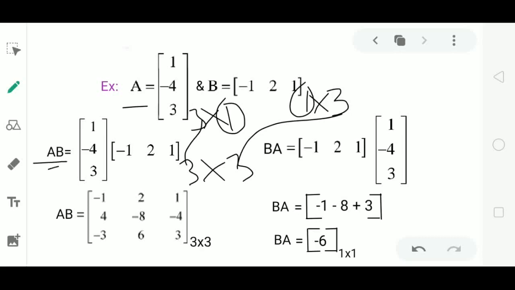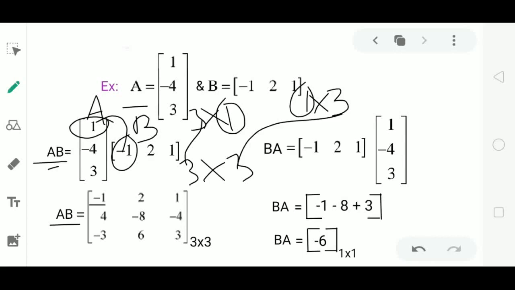Next, AB is equal to matrix A into matrix B. We know that the elements of this matrix AB are obtained by multiplying rows of matrix A with columns of second matrix B. To find first element of matrix AB, that is element lying in first row, first column, we consider first row of A, first column of B, multiply them element wise. 1 into minus 1 is minus 1.